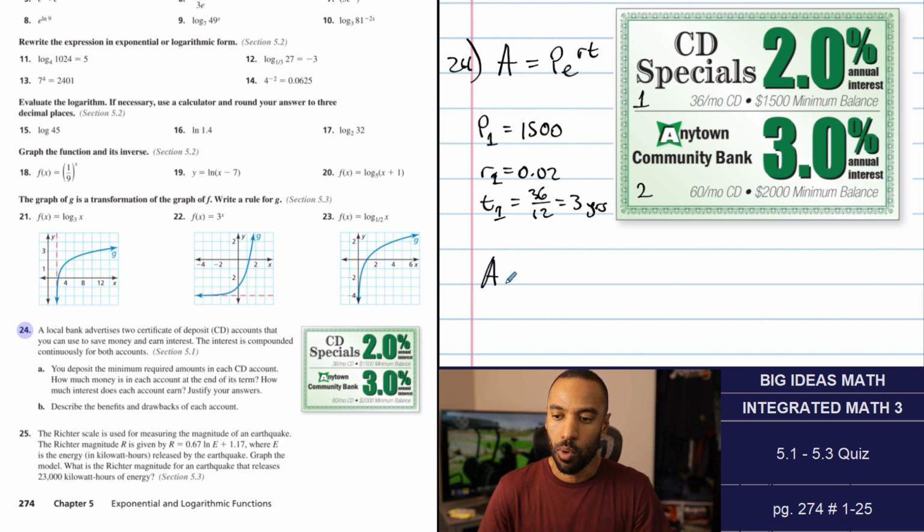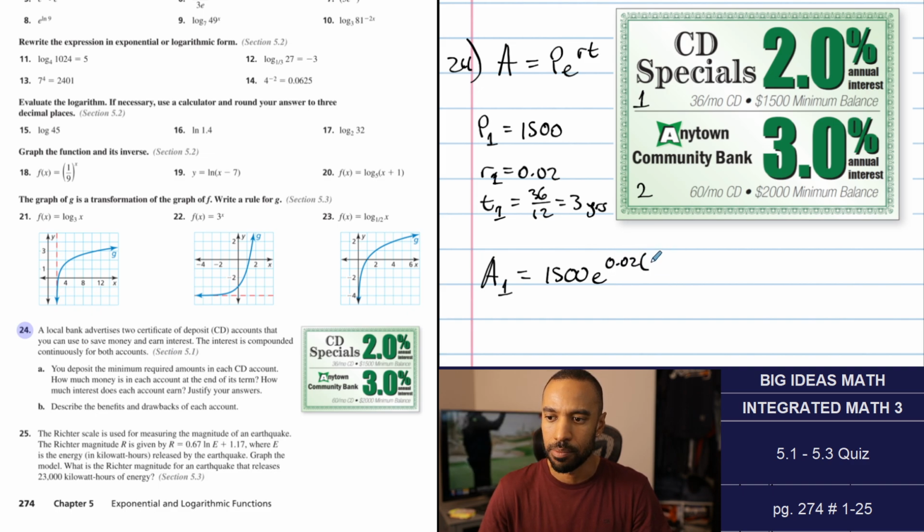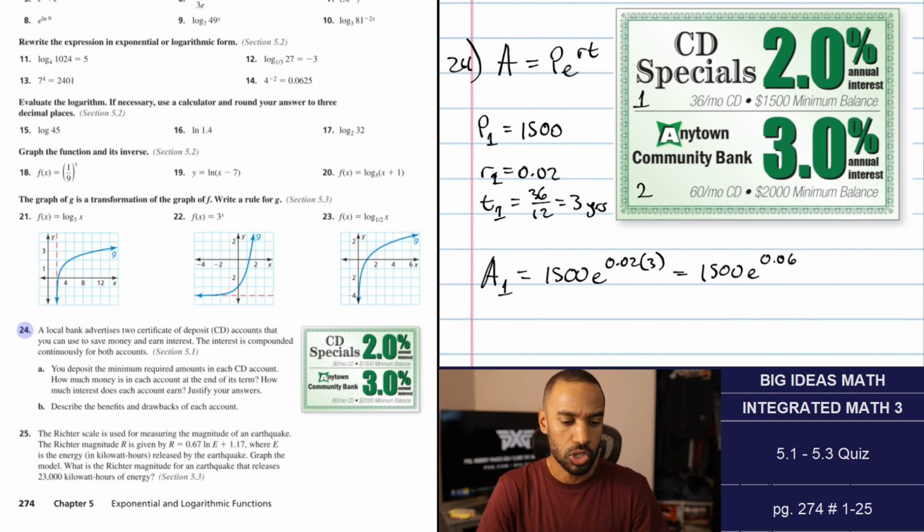So A sub 1, how much money is accrued over this time if you do this here? You have $1,500 times E raised to the 0.02 times 3 power, or 1,500 E to the 0.06 power, simplified. Now I'm going to go to my calculator. We should get growth.